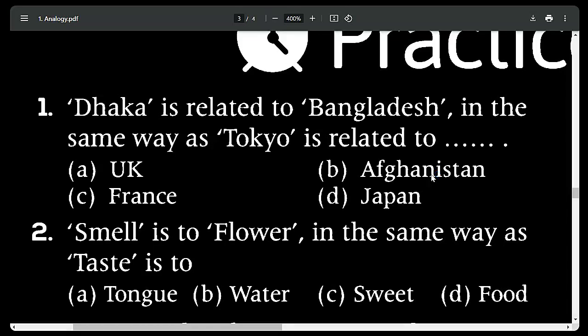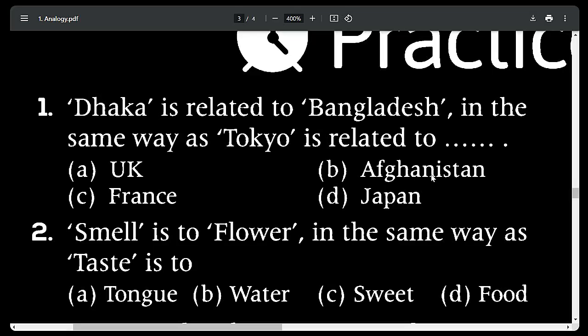Sweet. Taste sweet, but I want a more general answer. It's not correct. Sir, I didn't see the question clearly. Now it's visible. Sir, you are zooming.